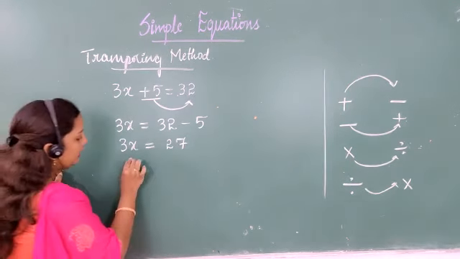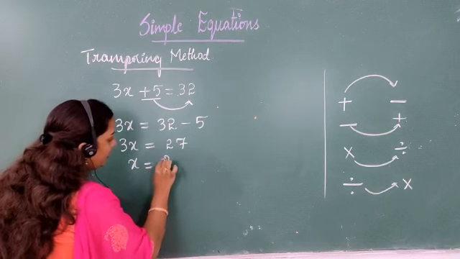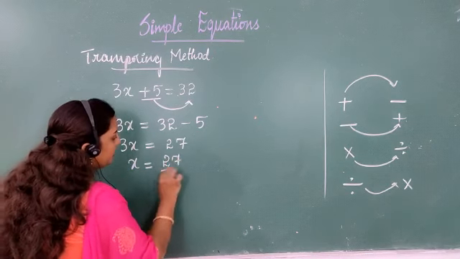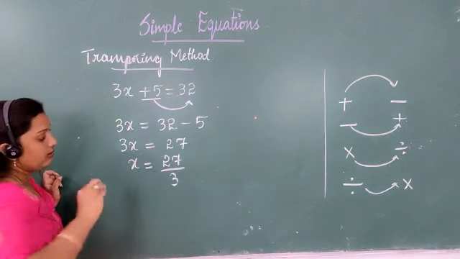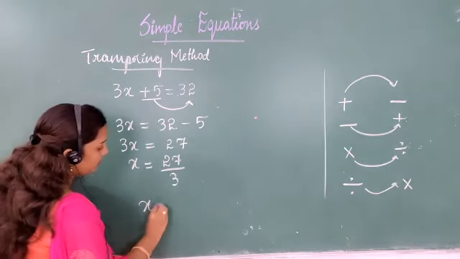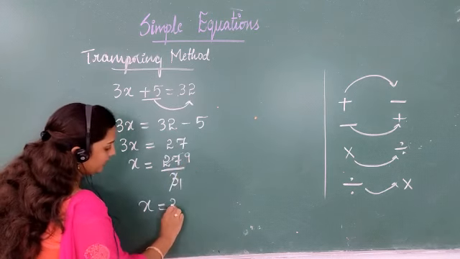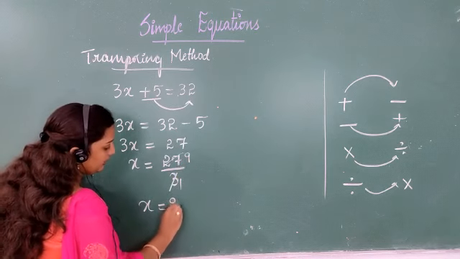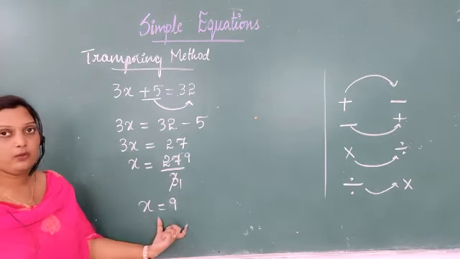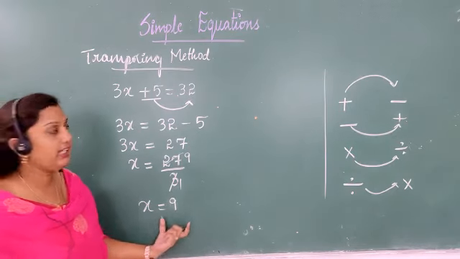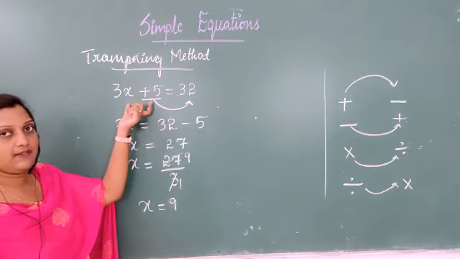So you will get x is equals to 27 divided by 3. So you will get x is equals to 3 nines are 27. So answer is 9. So x is equals to 9. X is equals to 9 is the solution of this equation.